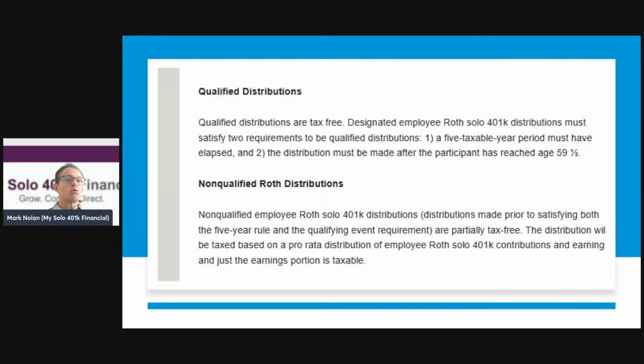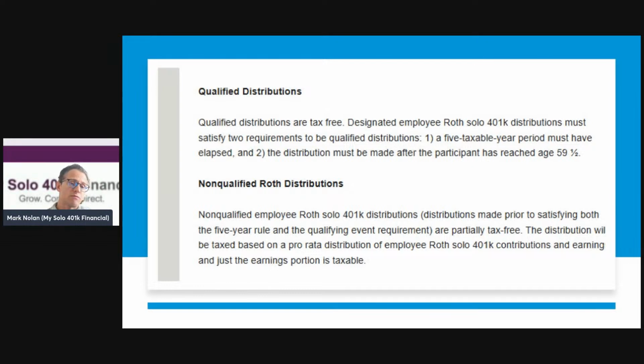Now, it's going to be a non-qualified distribution from a tax perspective, which means that you're going to have to pay taxes on the earnings, but not the basis. So if you haven't had the account for 5 years, then you're going to have to pay taxes on those gains. And what is more, unlike a Roth IRA where you can take distributions from the contributions first, you've got what's called the Roth IRA order distribution rules. With the Roth solo 401k, it's different.